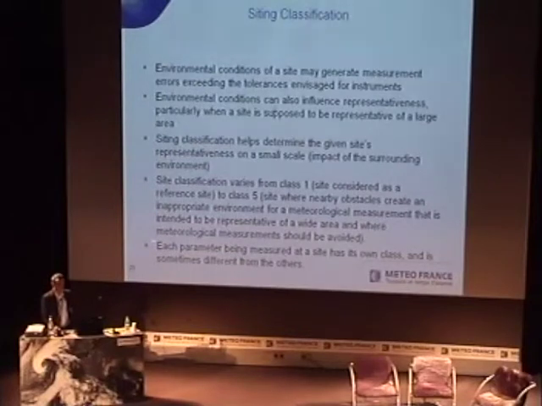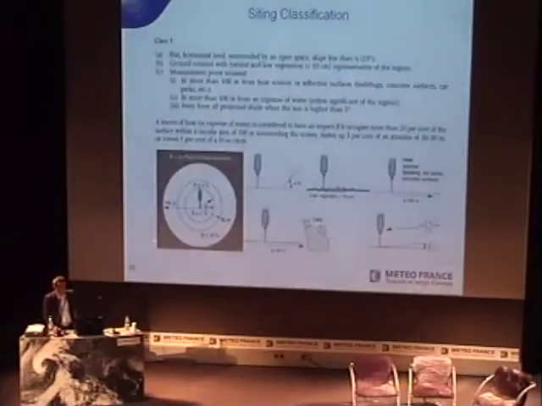And like we did before with the sustained performance classification, we divided this metadata into 5 classes, with class 1 a site that is a reference, and class 5 a site where you shouldn't have meteorological observations. So we will see later on some examples.